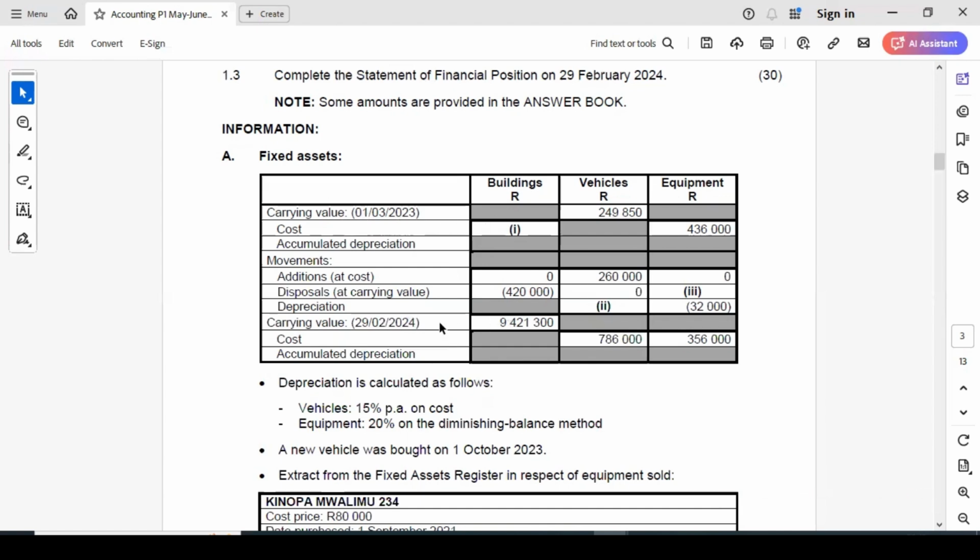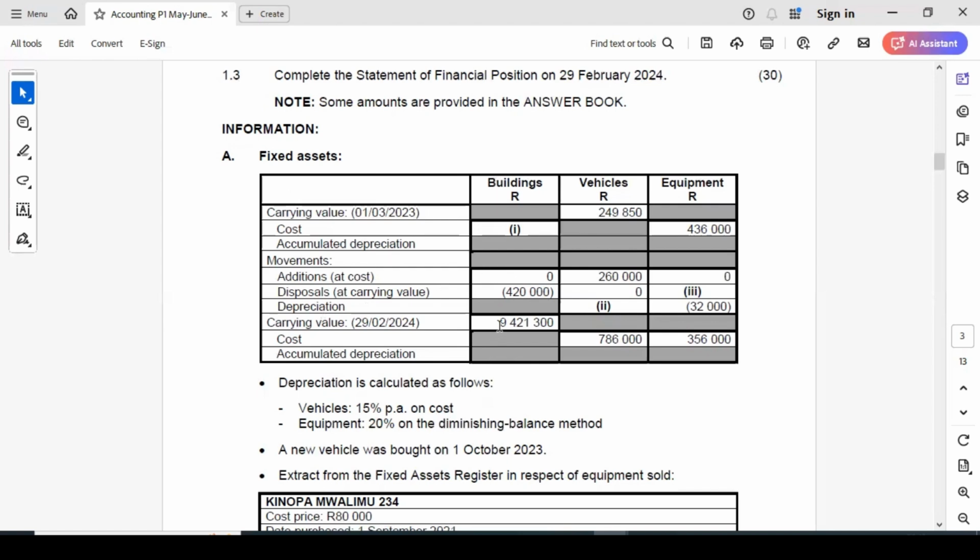We only have the amount at the end of the year. So what are we going to do? We are going to take the 9,421,300, add it with the 420,000 rands to get the cost at the beginning of the year. We do know that land and buildings do not depreciate, so we don't have additions at cost for this exercise.